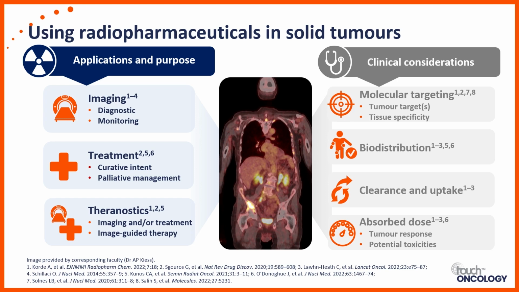Other agents are designed specifically for therapy, such as lutetium PSMA or lutetium dotatate, that emit beta particles or electrons that cause DNA damage for treating tumors. And we also have the ability to often directly image the therapeutic agents, such as those that are labeled with lutetium, using SPECT scans so that we can do dosimetry calculations.